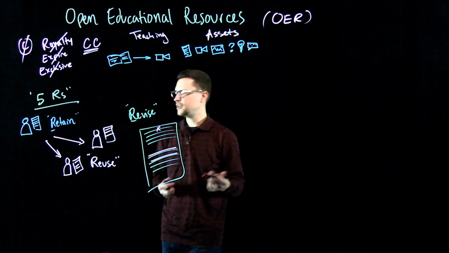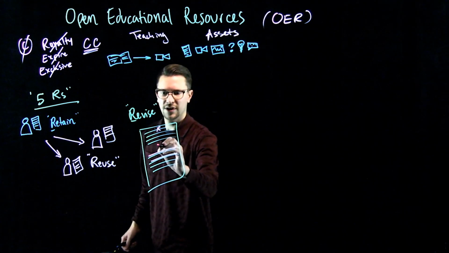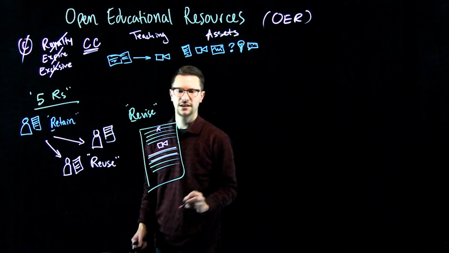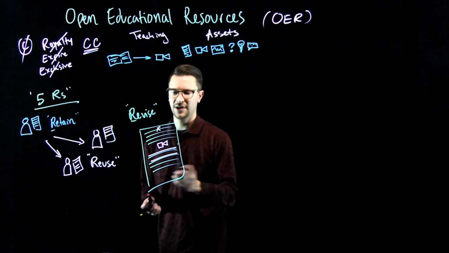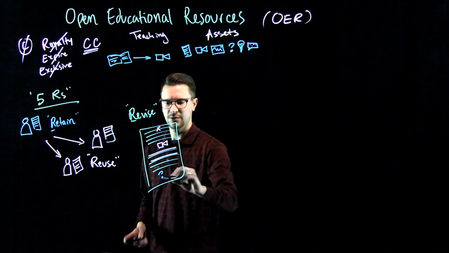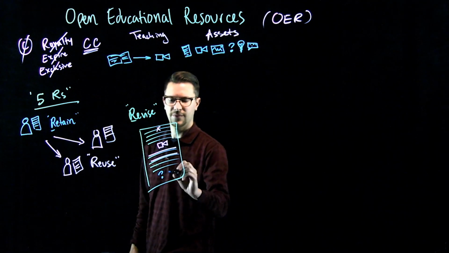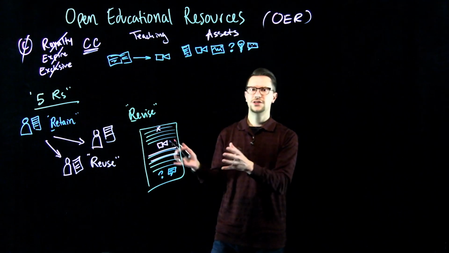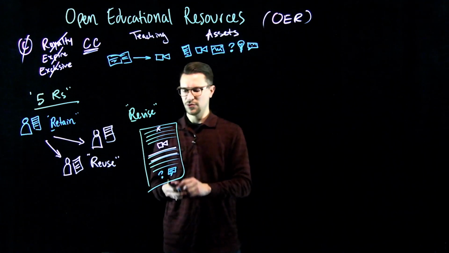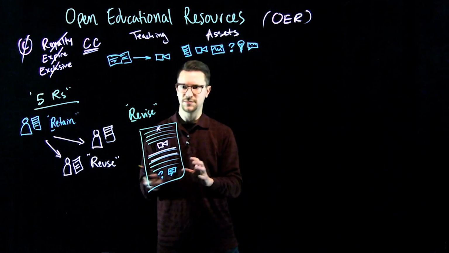It might change your wording a little bit. They might incorporate a short video lecture explaining a complex topic, and they might add in some quiz questions or discussion questions. Taking revision to the sort of extreme would be to remix this material.